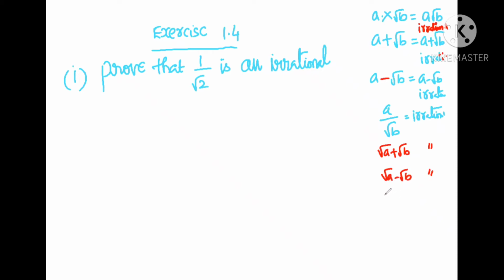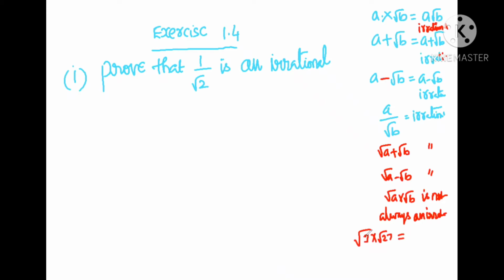But division and multiplication of two irrational numbers is not always irrational. Sometimes it will be irrational or sometimes it will not be irrational. For example, root 3 into root 27.